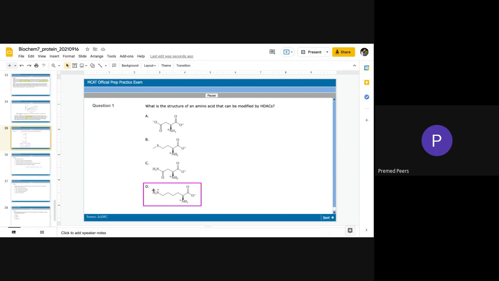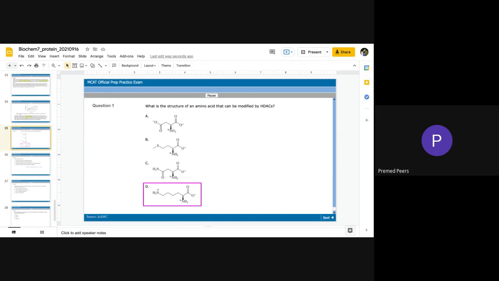So originally, you can attach an acetyl group, removing that positive charge, because once you acetylate it, you do not have the charge, right? Remember what I mentioned earlier when I looked at the histone structure interacting with the double-stranded DNA.